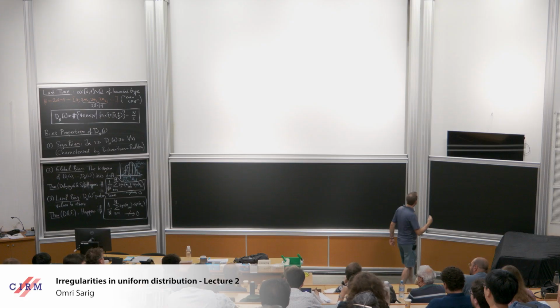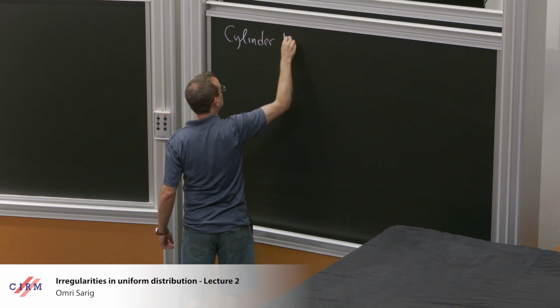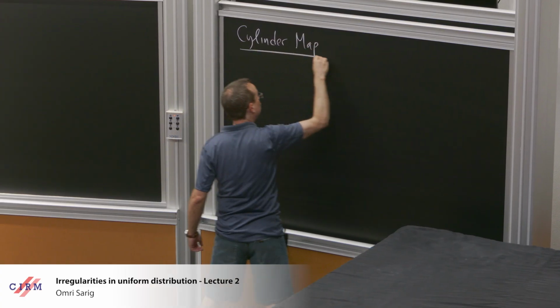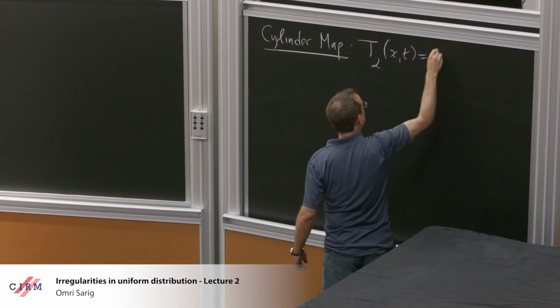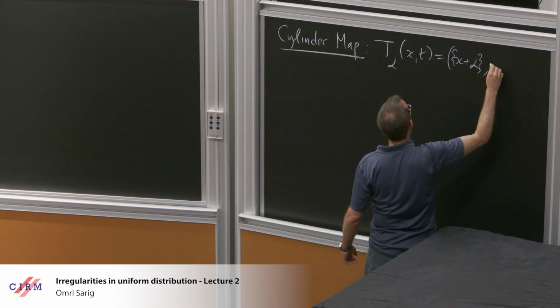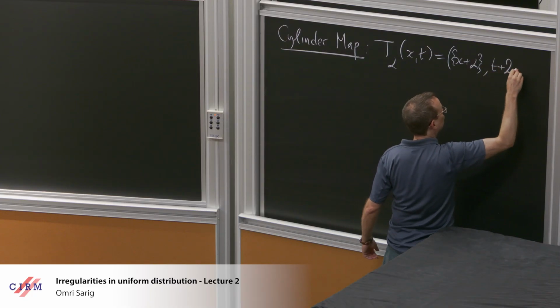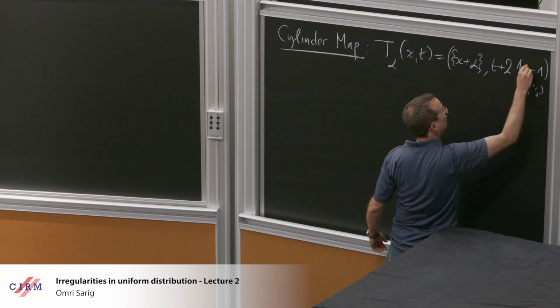So let me again remind you what it is. We look at the cylinder map. This is a skew product: T_alpha of (x, t) is (x plus alpha, t plus 2 times the indicator of our interval minus 1).